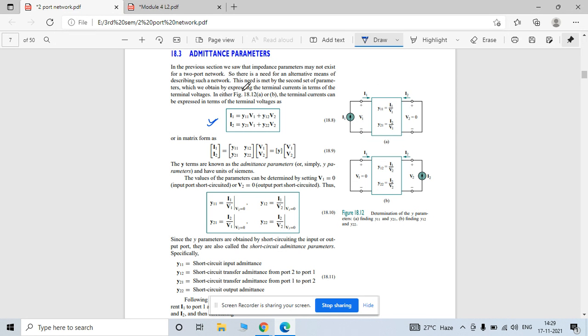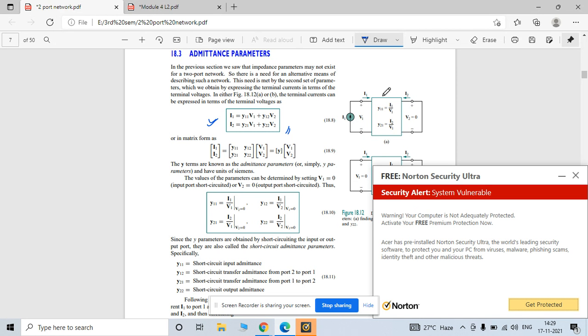If the question asks you to find the impedance parameter, then your input must be a current source. If it is not a current source, then you can convert it into a current source and write your equation in this standard form. Generally, such cases are already given as a current source. See here, this is a source, and this is the input side for this port, and this is the input side for the second port.